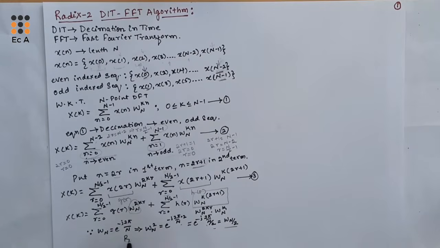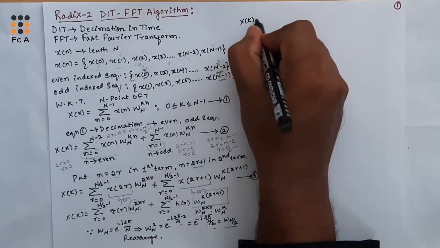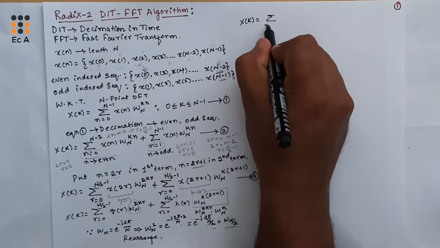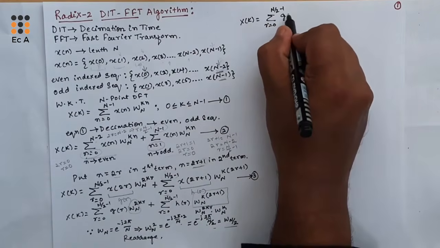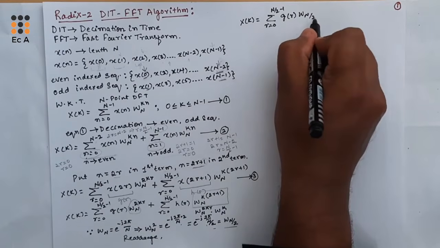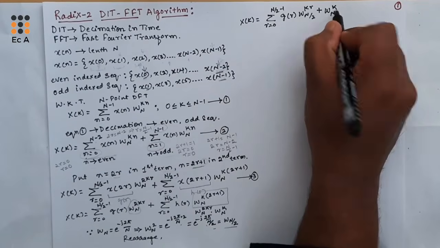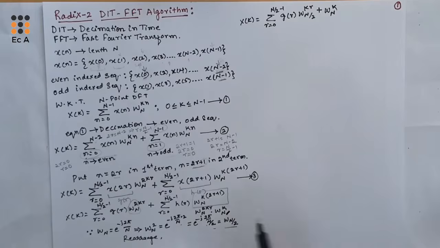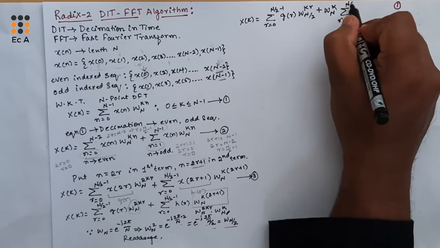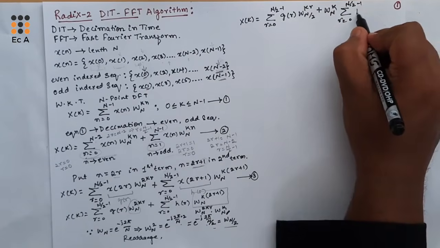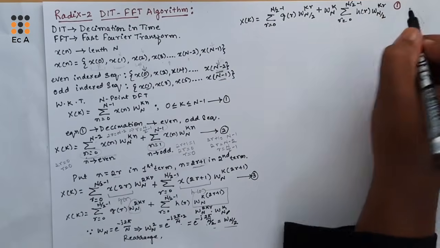So, we can rearrange the equation and write it as X of k equal to summation of r equal to 0 to N by 2 minus 1 g of r W_N by 2 to the power of kr plus W_N to the power of k into summation of r equal to 0 to N by 2 minus 1 h of r W_N by 2 to the power of kr.